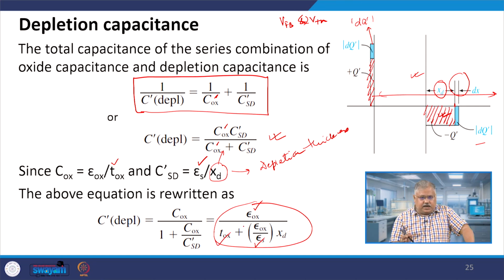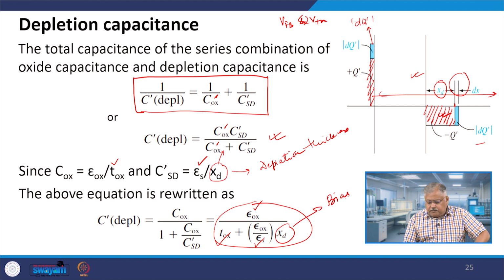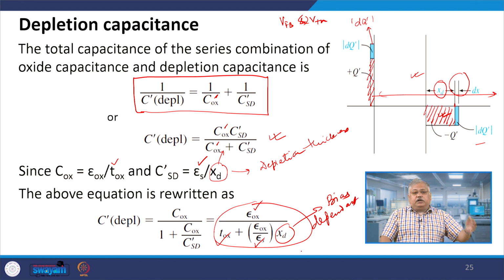So, these are all fabrication dependent, but xd is basically my bias dependent quantity, right. Since this is bias dependent, as you go on increasing the gate voltage, C depletion will go on lowering, because xd is going on increasing, right, and that is what is interesting about the depletion capacitance.